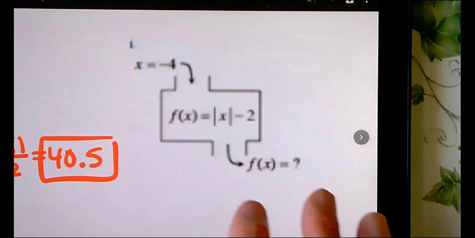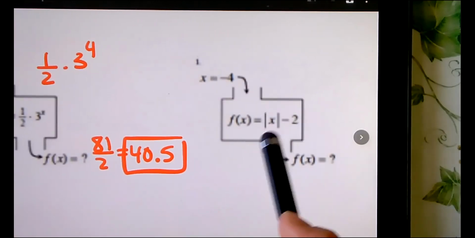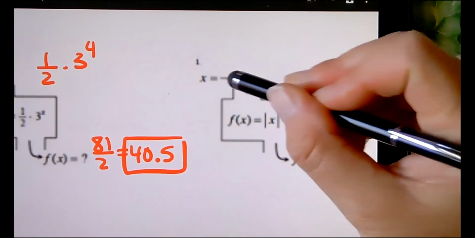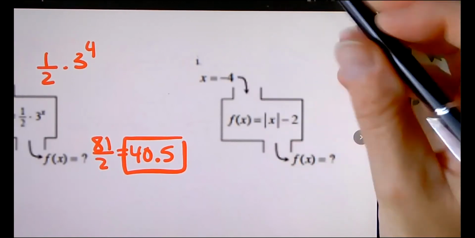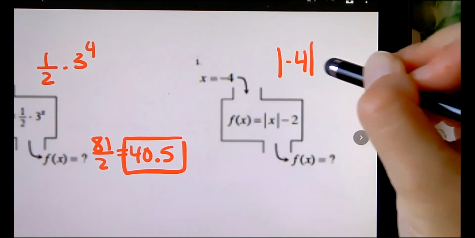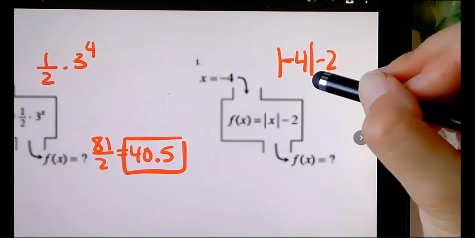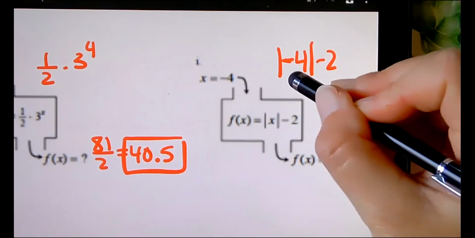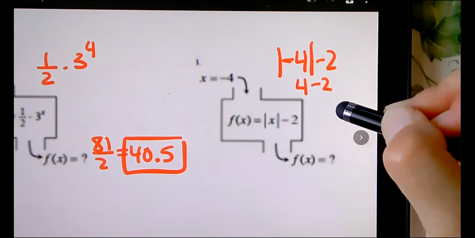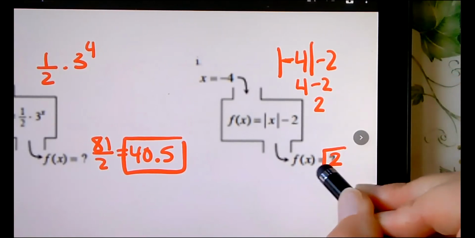Okay, last one of these. On this one, it's another absolute value. So I'm going to put in a negative 4. I'm going to take the absolute value of negative 4 minus 2, and I'm going to compute this. Now, the absolute value of negative 4 is 4. 4 minus 2 is 2, and my answer is 2.